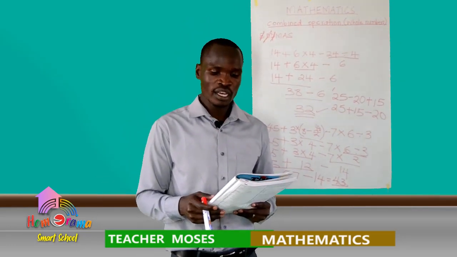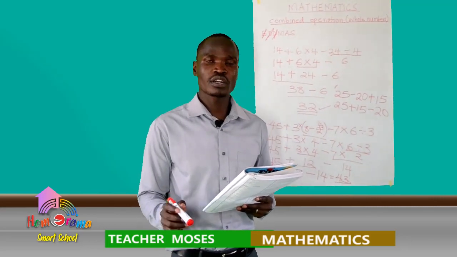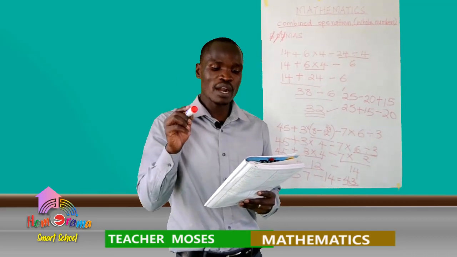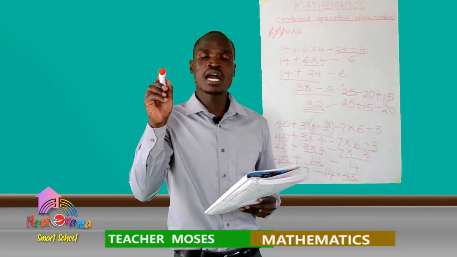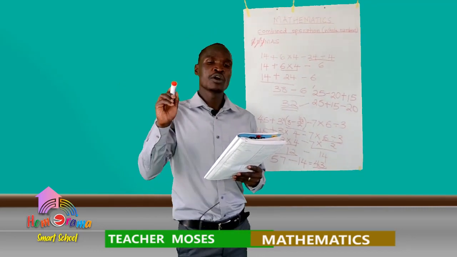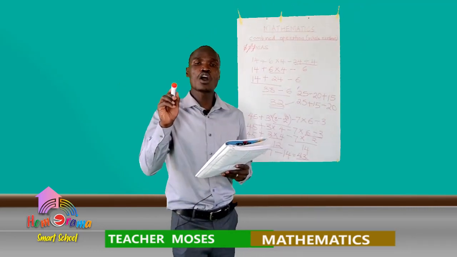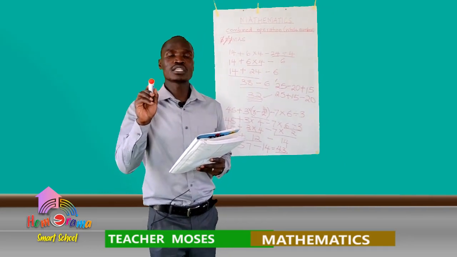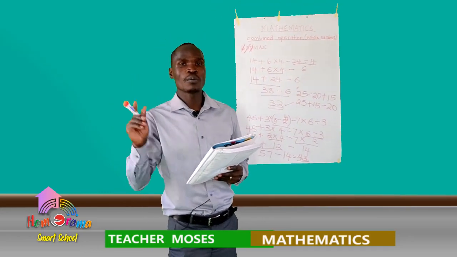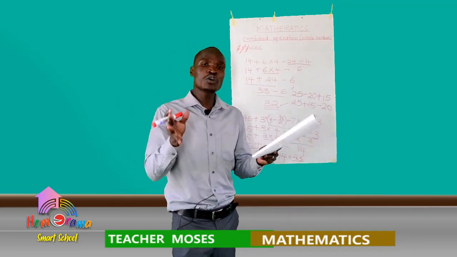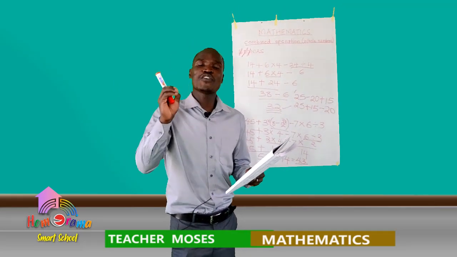Question 3, 5 into bracket 4 squared minus 2 squared, close the bracket, plus 24 divided by 4. And then the last question, just to confirm if you still remember how division is done.